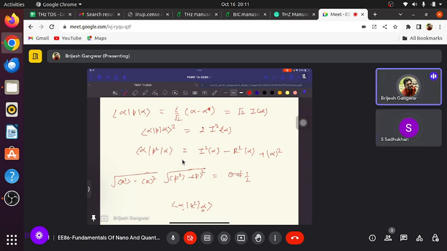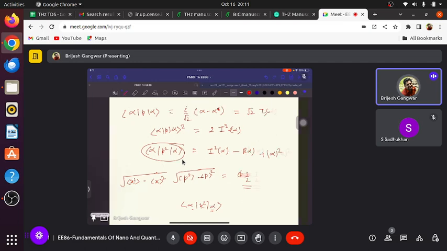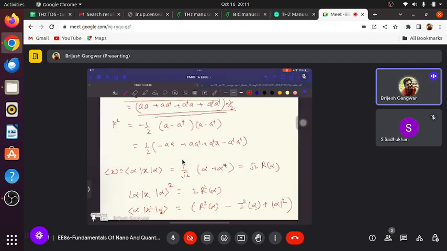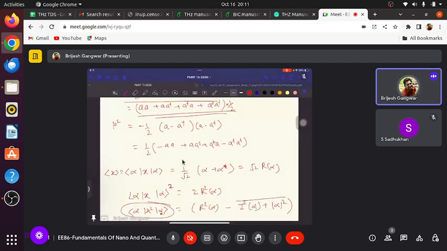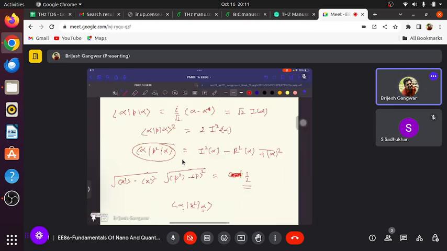I think this will come to 1 by 2, the maximum value of uncertainty here. When we are calculating this p square and this alpha square, I think these two are wrong steps.